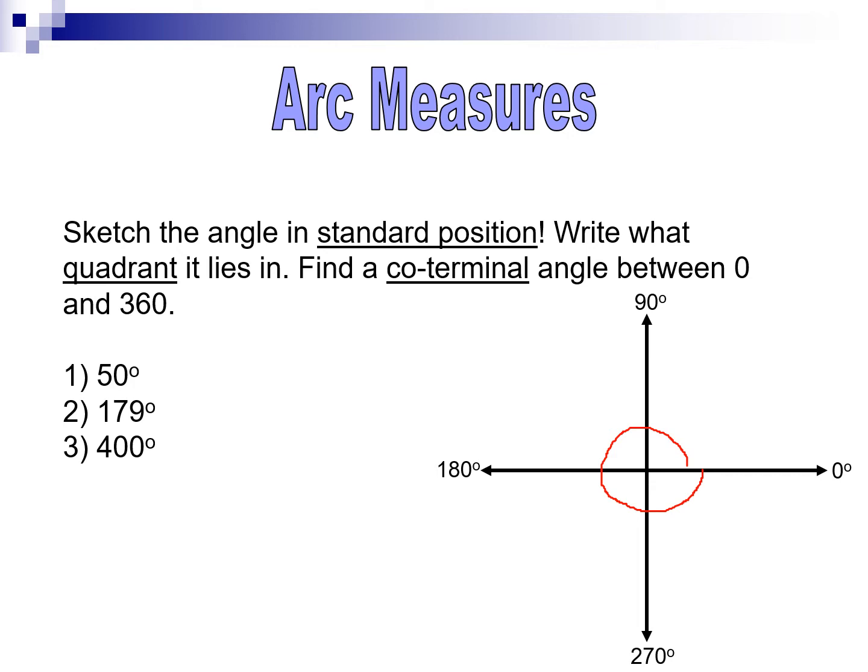Your job is to figure out how much more past the 360 degrees. And it's not too difficult. It turns out that 400 is 40 degrees past the 360 mark. So this is an extra 40 degrees.